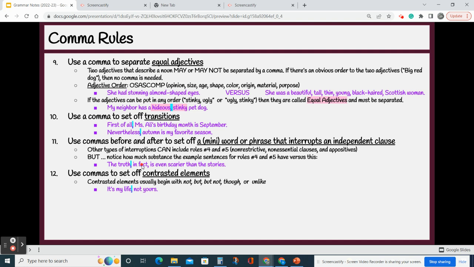Your contrasted elements are usually going to begin with those words right there: not, but not, though, or unlike. So keep those in mind, memorize them if you need to. And remember that we use those commas to break up two opposing parts of a sentence.